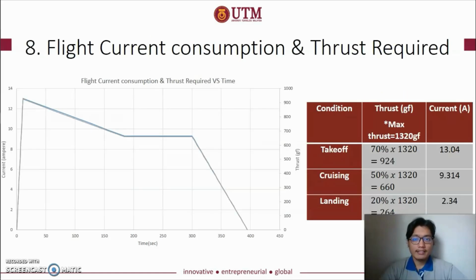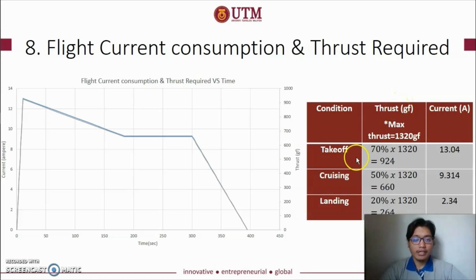So next, I will explain to you about flight current consumption and thrust required. So there are also three conditions, which are takeoff, cruising, and landing. We estimated the flight current and thrust consumption based on the percentage that we need.